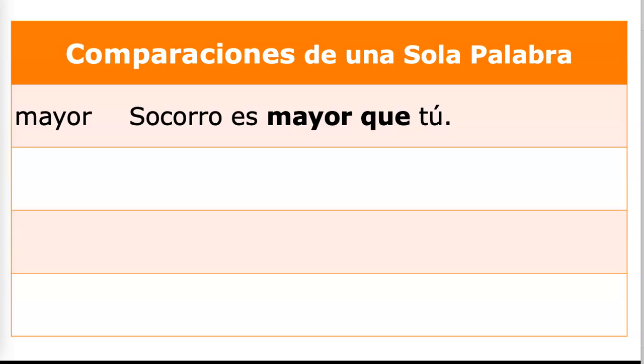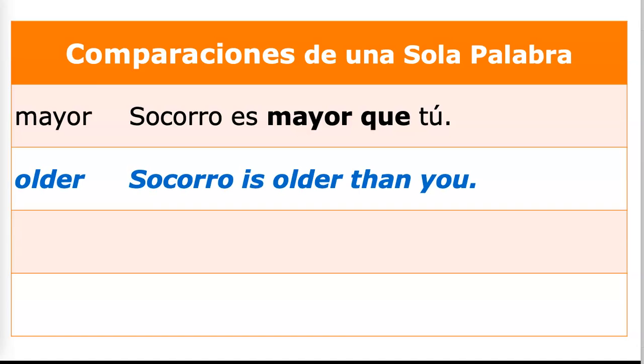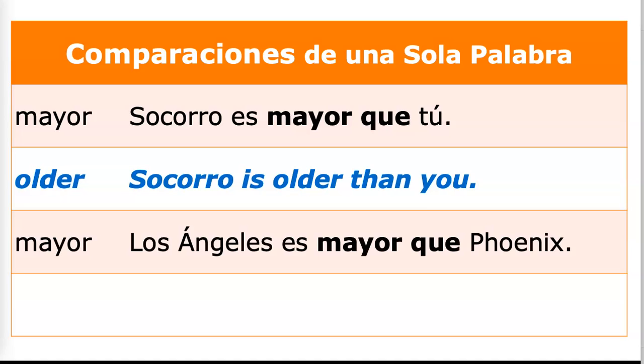Mayor is a word that can change meaning depending on how we use it. In this context, Socorro es mayor que tú. Mayor is going to translate to age. Socorro is older than you. Now, mayor can also mean greater or larger. In this sentence, Los Ángeles es mayor que Phoenix.